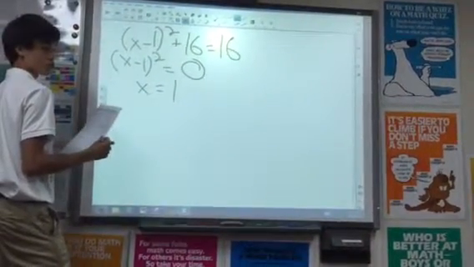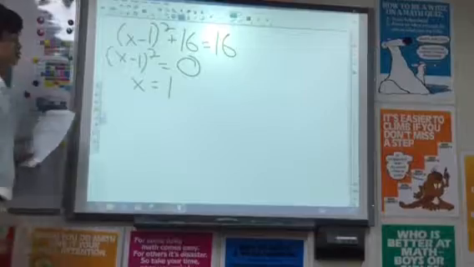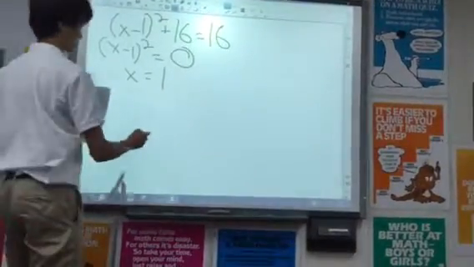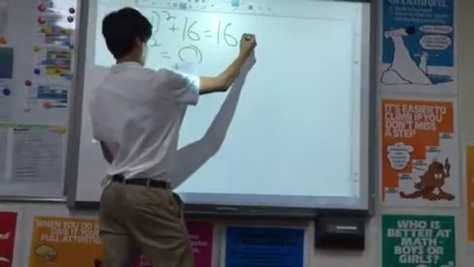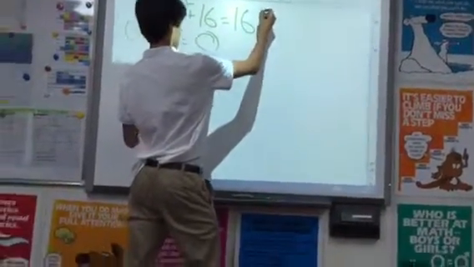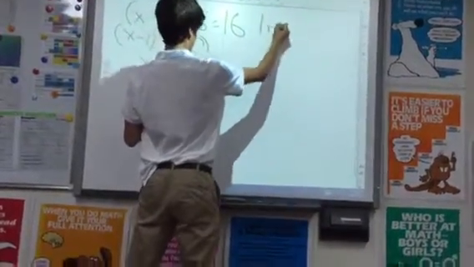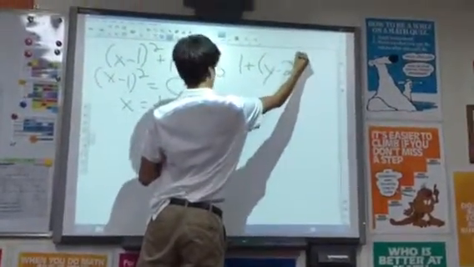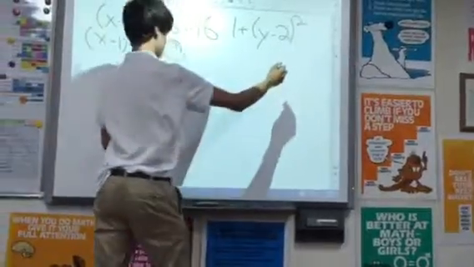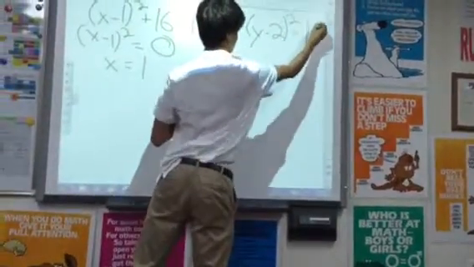I just shorten it a bit. And then for y, we only want x squared, right? We go 9 times (x minus 1) squared plus 4 times (y minus 2) squared is equal to 16.